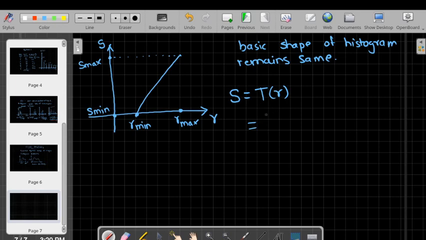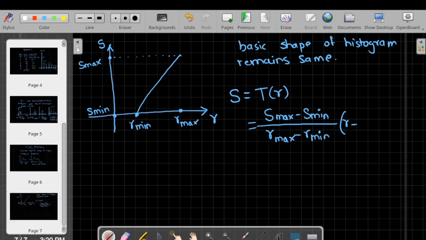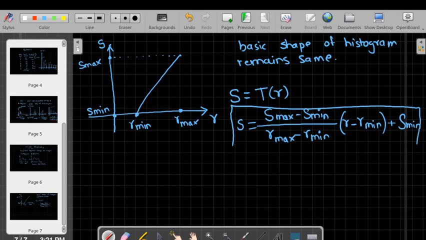Using this straight line we can identify the transformation: S equals (S max minus S min) divided by (R max minus R min) into the bracket (R minus R min) plus S min. This is the transformation equation for linear stretching.